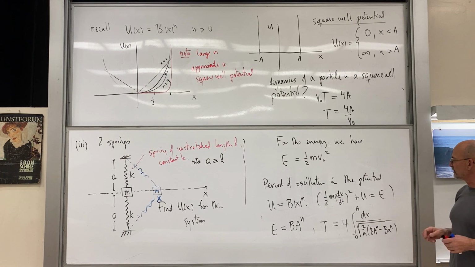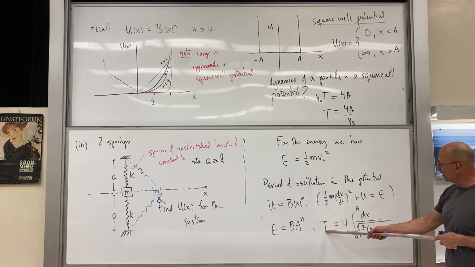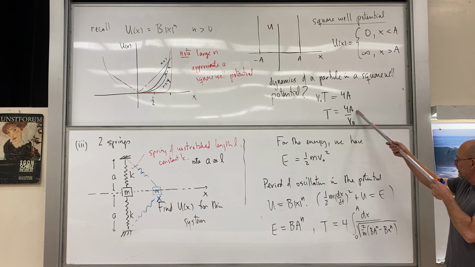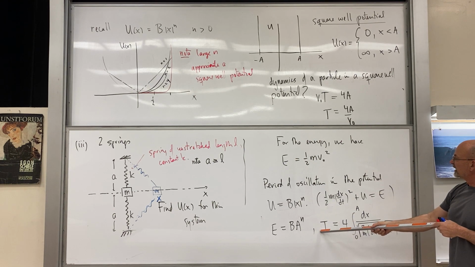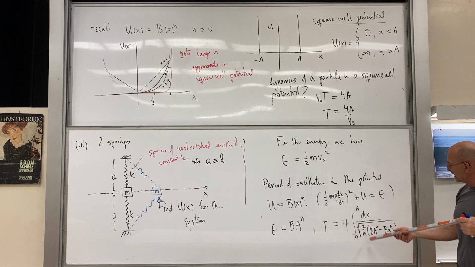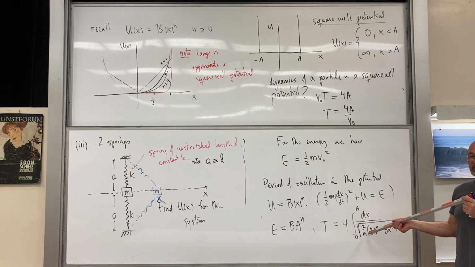So here's a really interesting homework problem: to show that this period here is going to be equal to this one up here, okay? So this period here is going to be equal to this one up here in the limit as n goes to infinity.